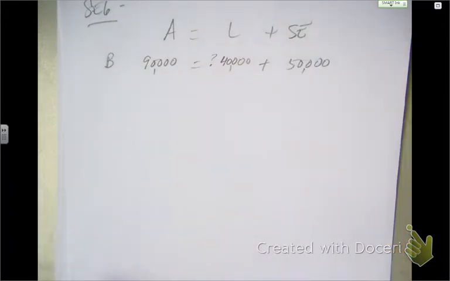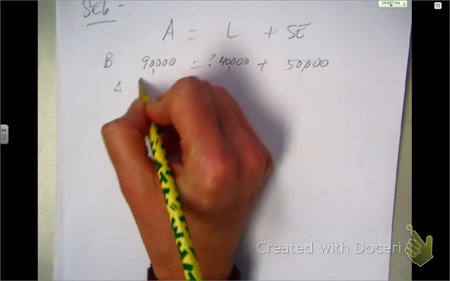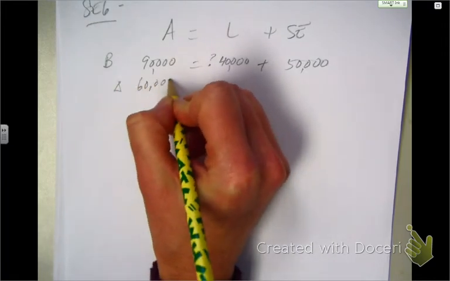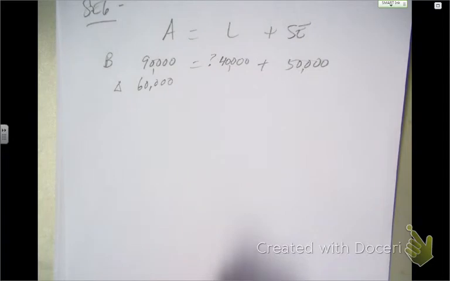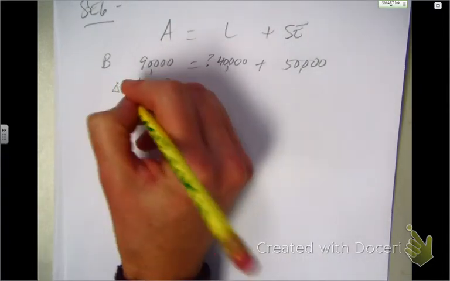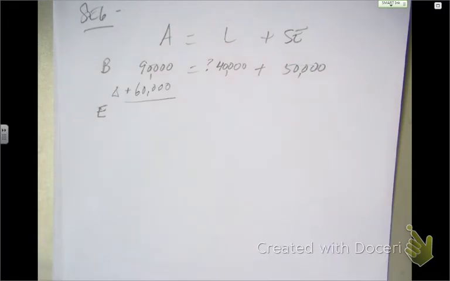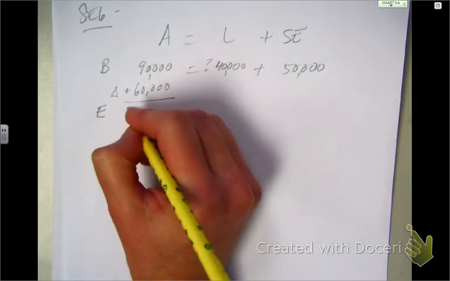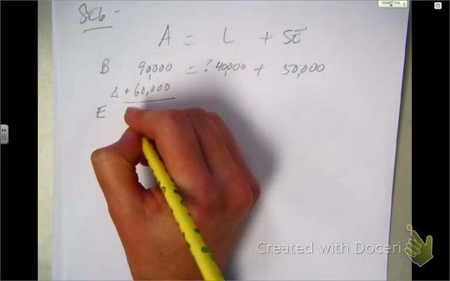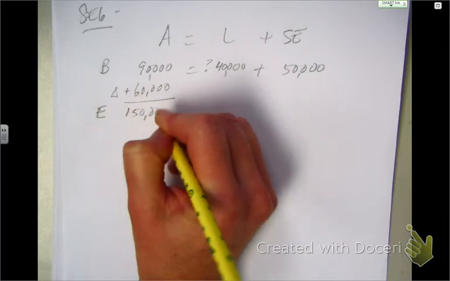Then the question says during the year, assets increased by 60,000. So we have here a change of 60,000. They increased by 60,000. So what do we know that the end of the year assets are going to be? What are they going to be? 150,000. Okay.